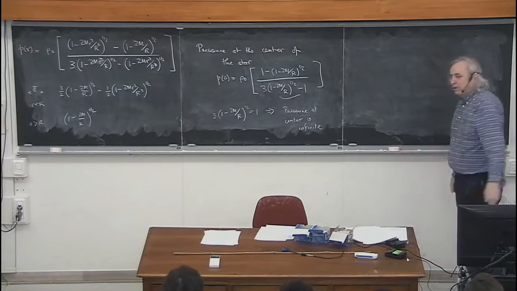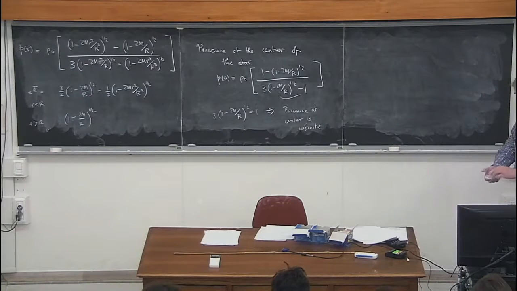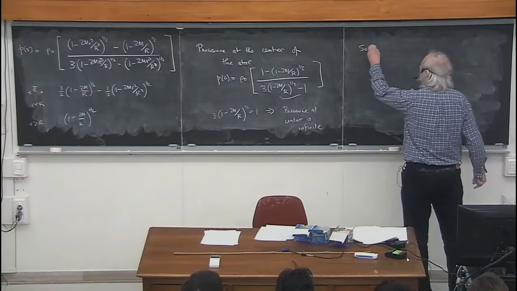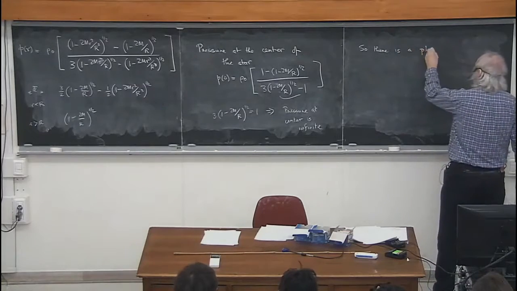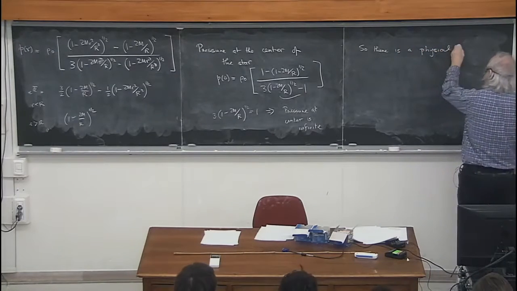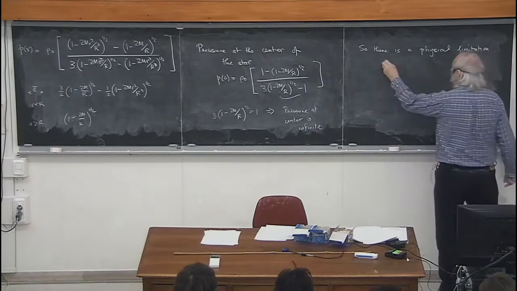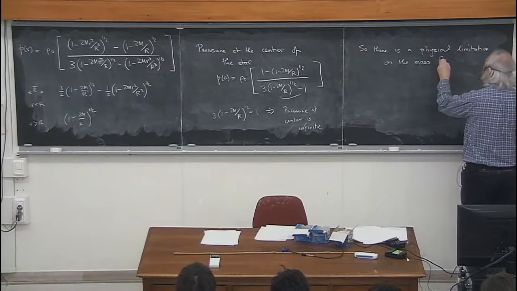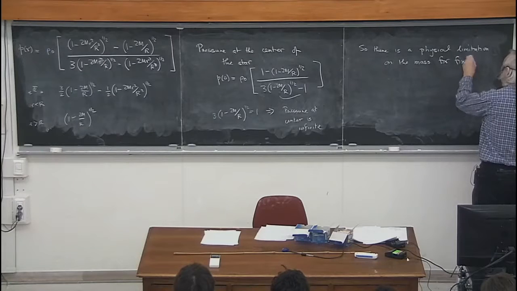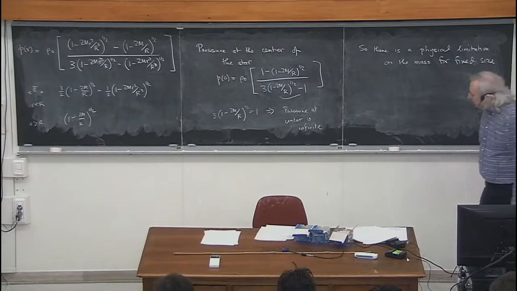So there's a physical limitation on how big a star can be at fixed size. Let's work out what that's going to be. Well, it's kind of easy.